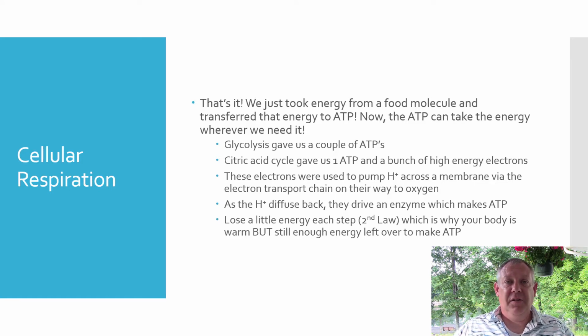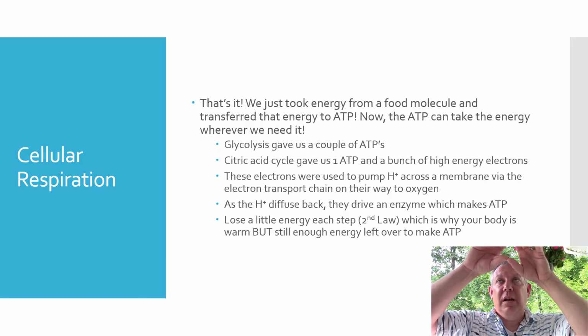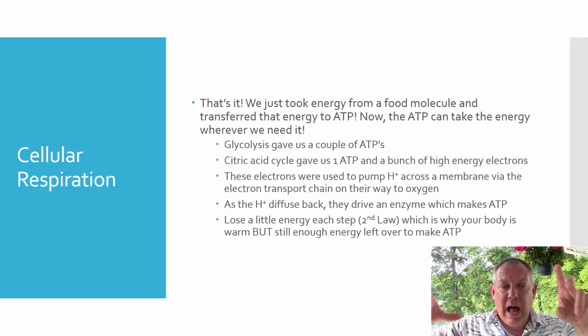Eventually oxygen takes those electrons, which have now lost their energy, and oxygen makes a water and just splits. Those protons are really concentrated. They want to diffuse back. As they diffuse back, they drive the synthesis of ATP.